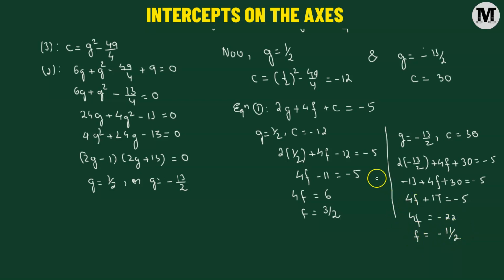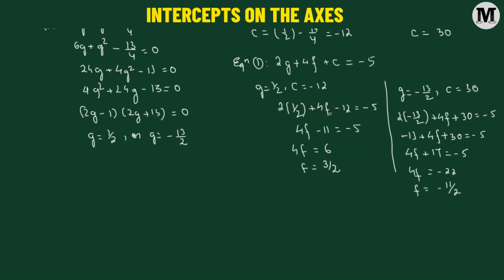Fine. So now we have all the values g, f, and c. What we can do is substitute this into our general equation. So let's use when our g value is half, then the corresponding f value will be 3 over 2 and c will be equal to negative 12.